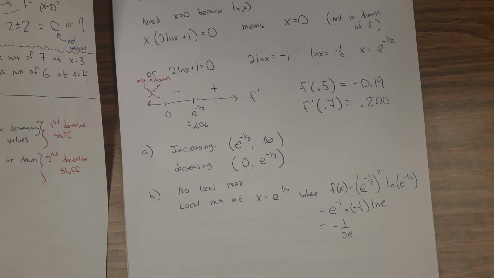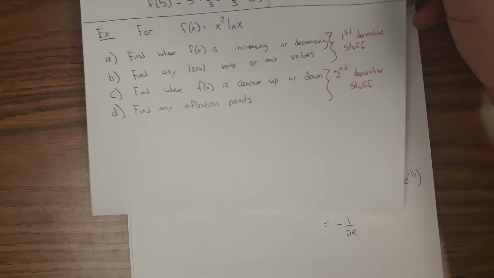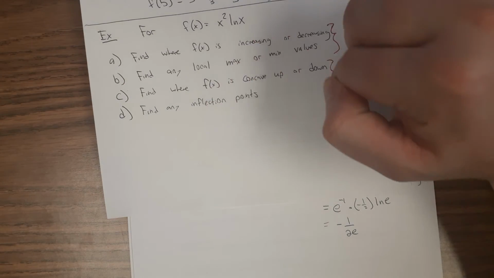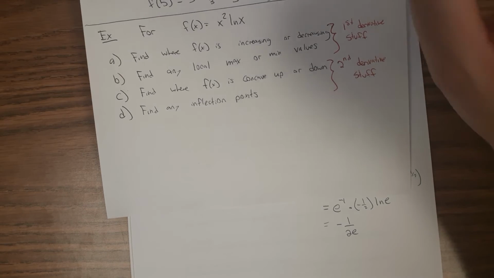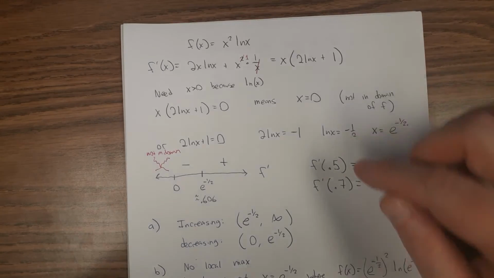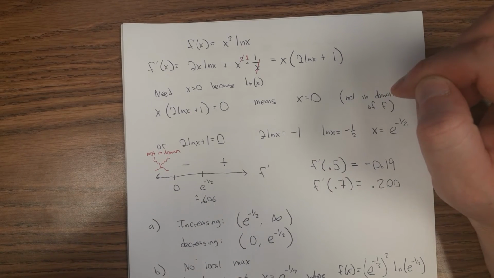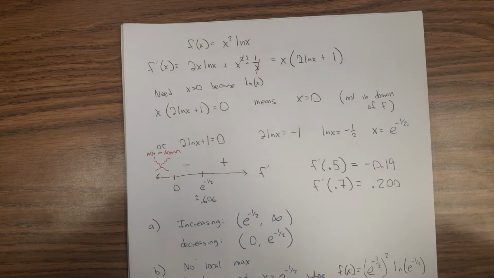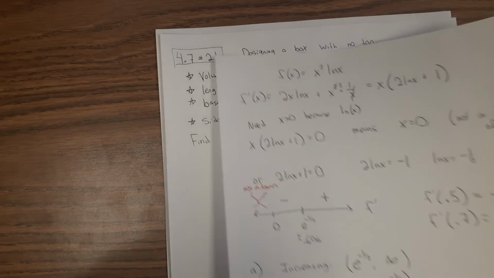So let's do it all again, because we need to do parts C and D, which is the second derivative stuff. So now we are going to repeat this whole process, but for the second derivative, not the first derivative. Here we go.